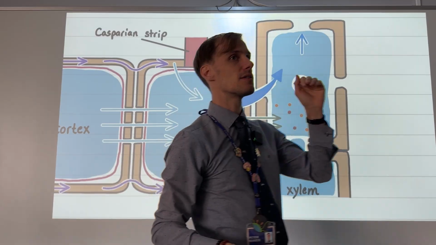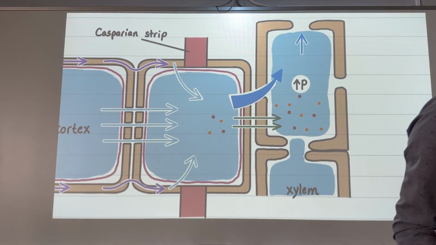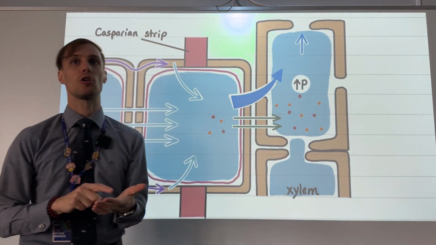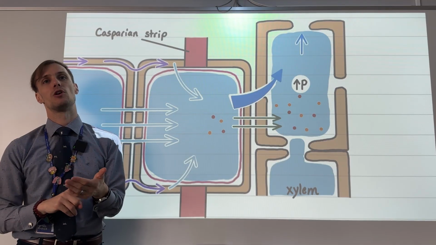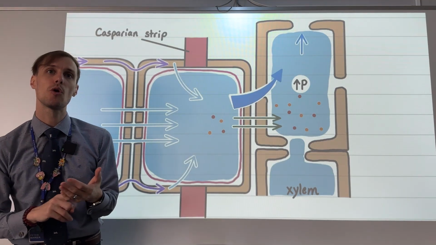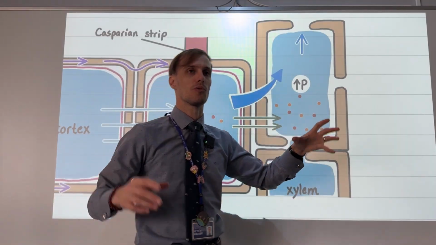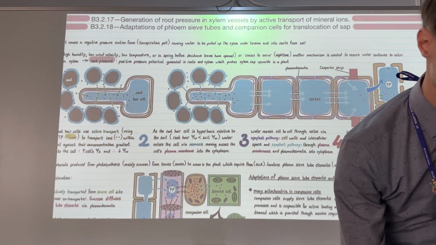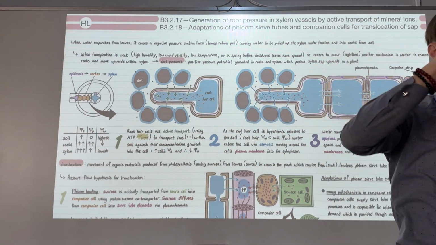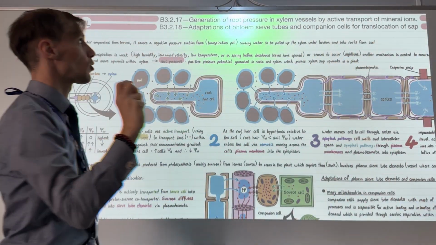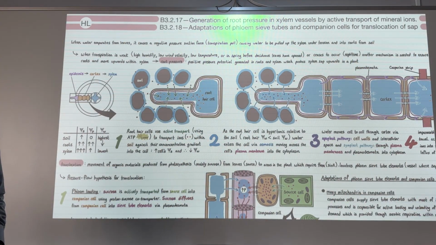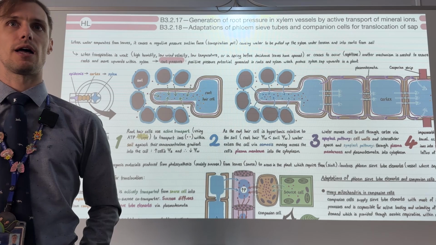And actually this does allow some degree of movement even if transpiration rates are low, or even if the amount of evaporation in leaves are low. You're still going to get high pressure in the roots because of this system. So this root pressure potential is really, really key. If you look at the first learning outcome, it says generating root pressure in xylem vessels via active transport of mineral ions.